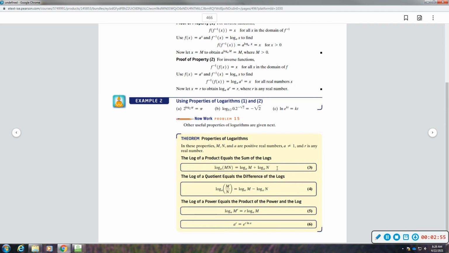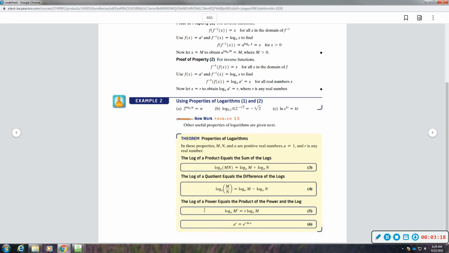So you have to make sure the bases are the same. The difference quotient, so quotient equals difference. In the same aspect, if you have some log and you're dividing two terms, those turn into subtraction. So the top term minus whatever's on the bottom.